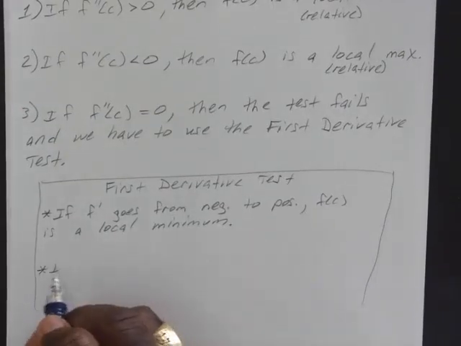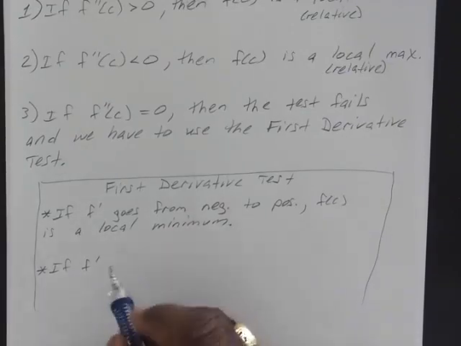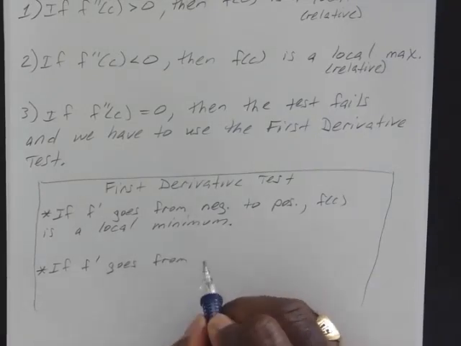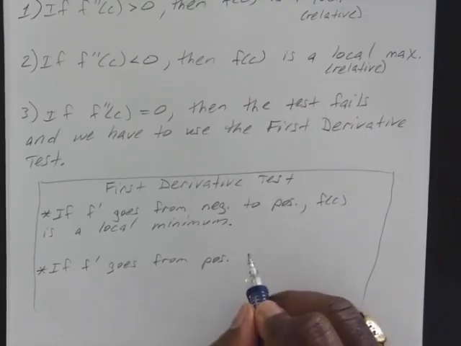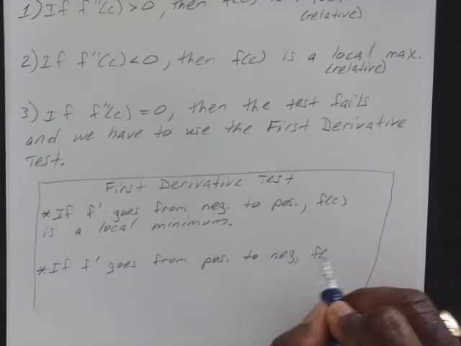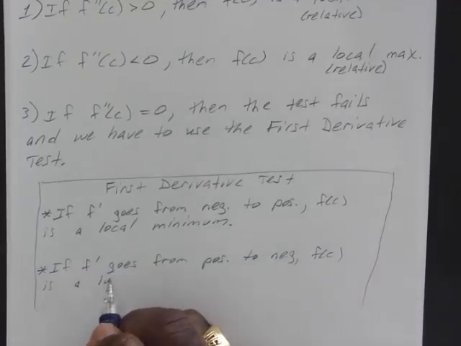But if your derivative goes from positive to negative, then we know that f of c is a local maximum.